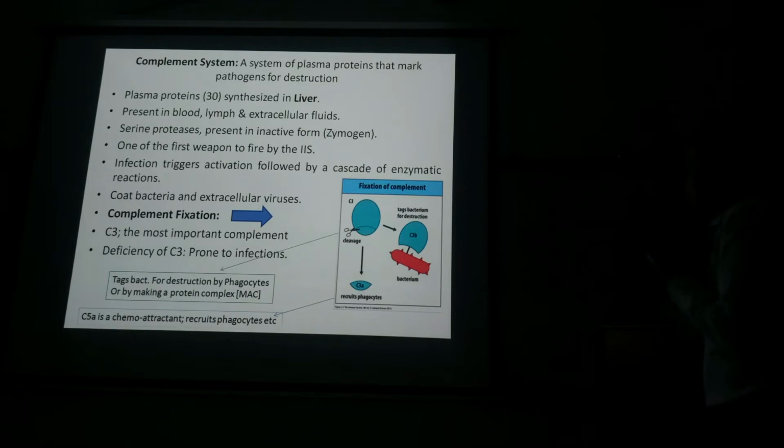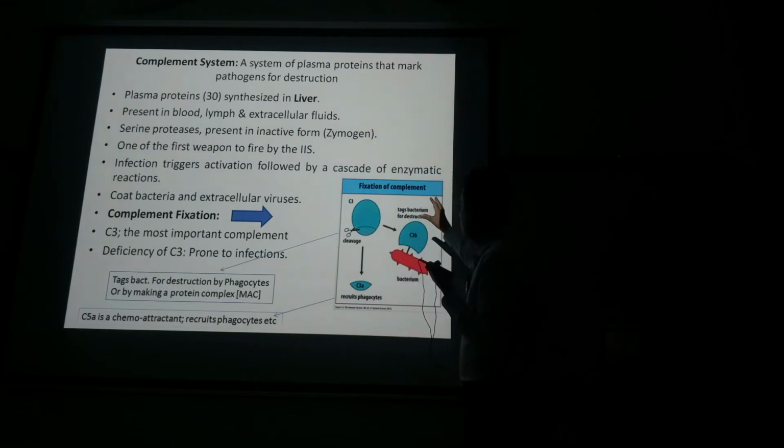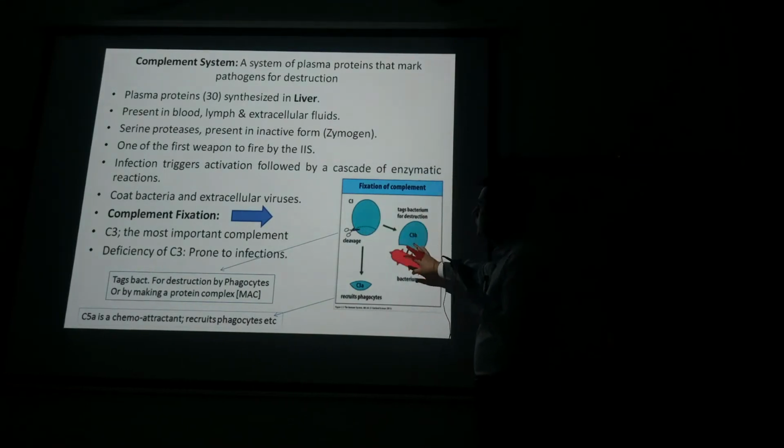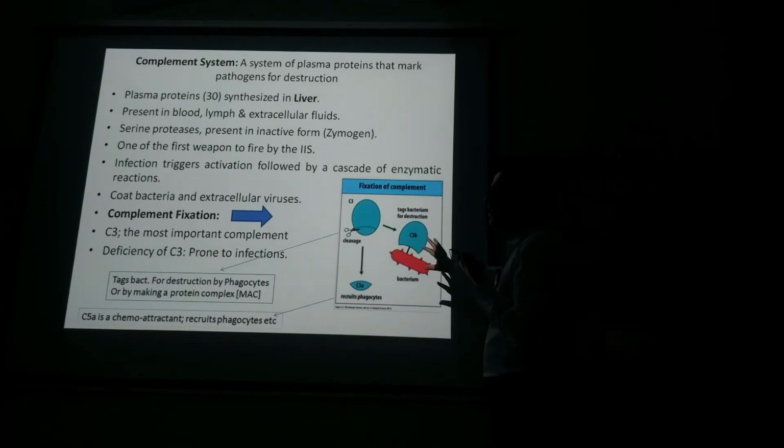Because there is infection, this is a bacterium which has caused infection. And the bacterium now has been coated with the bigger part of the complement, which is C3b. This increases the phagocytic process of this bacterial species, because now the body has to get rid of it.